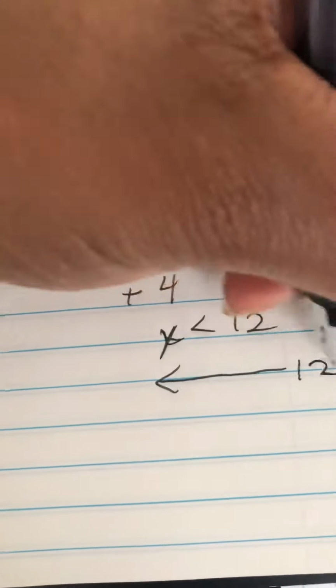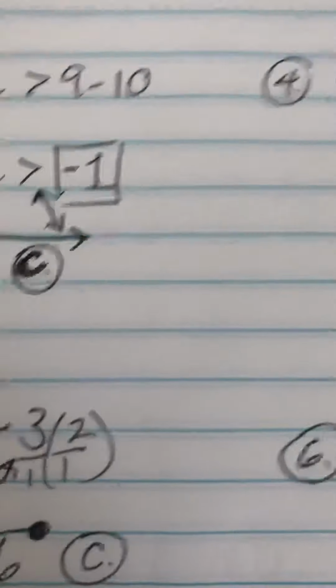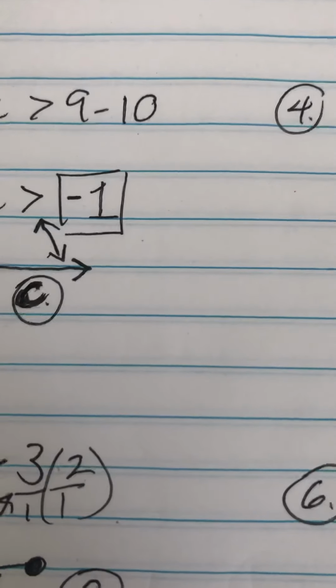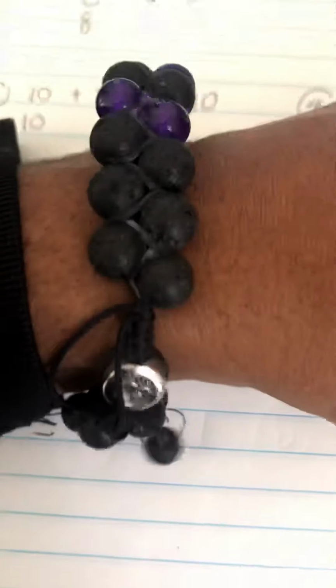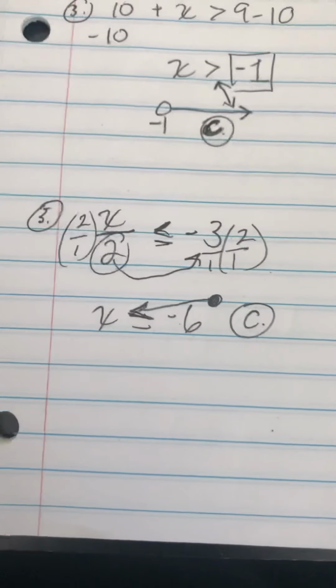X is less than 12, right? And so it does not include it, so we're going to go in the direction of the arrow, and we're going to have 12. So it's just going to be a circle like that. And so that looks like that one should be D. Okay, so we have number 6 is D, and number 5 is C.